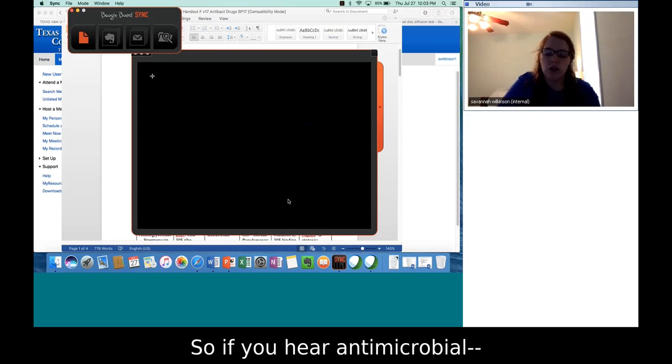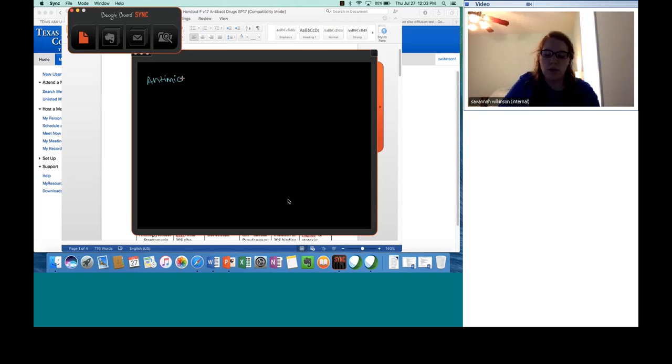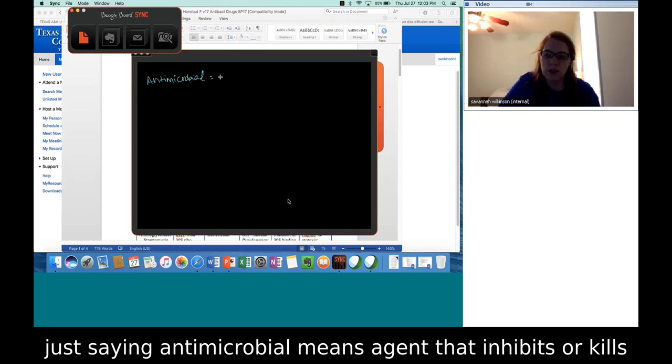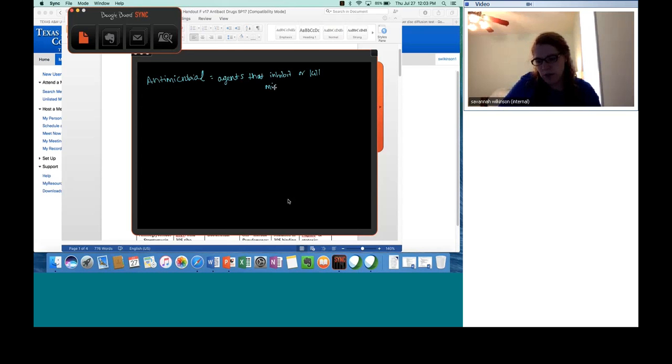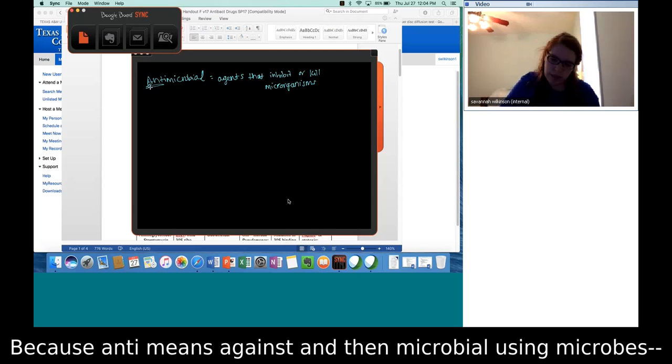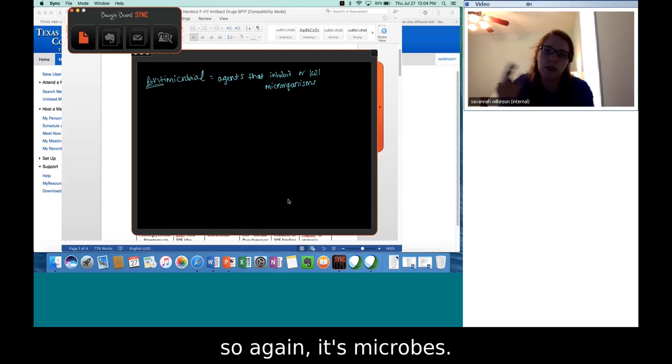If you hear antimicrobial, just think antimicrobial means agents that inhibit or kill microorganisms, because anti means against, and microbial, you think microbes, so against microbes.